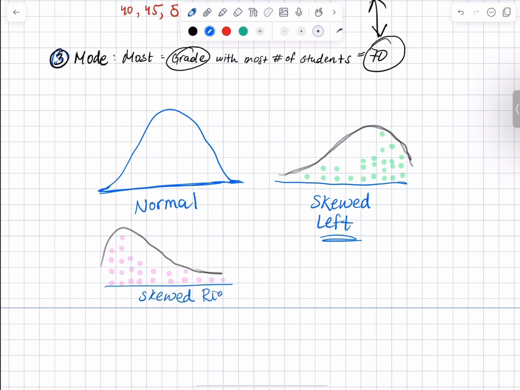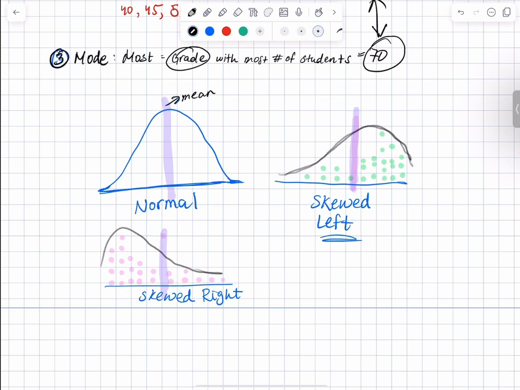Skewed right. So when we have distributions that are skewed, the mean would generally represent the middle. The mean is always in the middle, the average. That is very important to know. So let's do this for the mean.